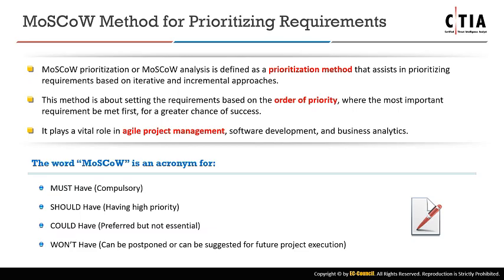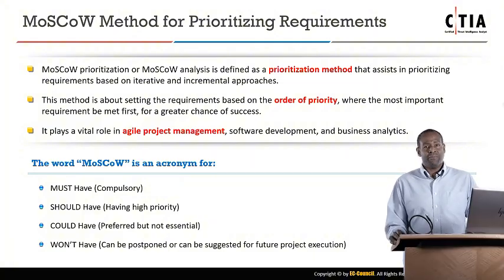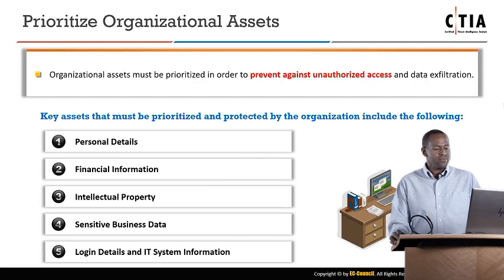And then the W in MoSCoW is won't have. It can be postponed or can be maybe suggested for the future. So the MoSCoW method is very important to make sure that we prioritize appropriately and that we especially understand the must and should categories.